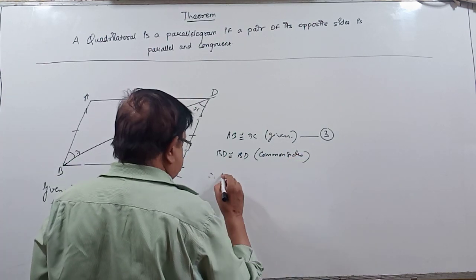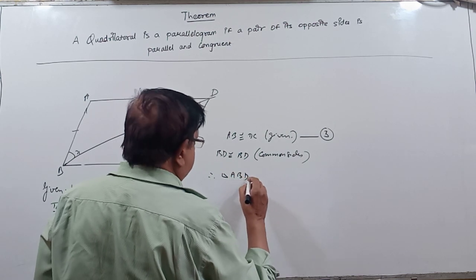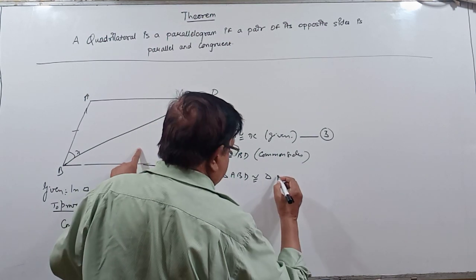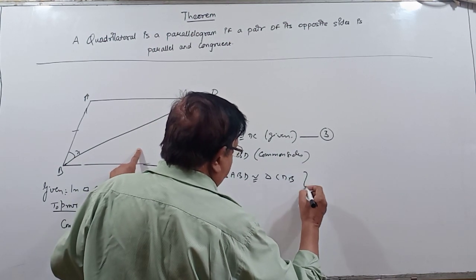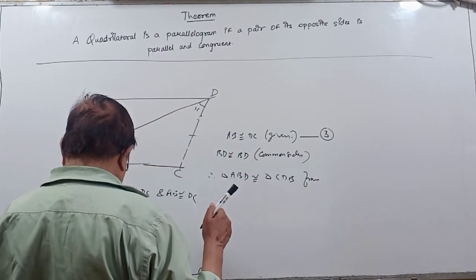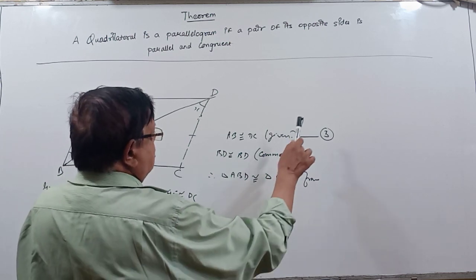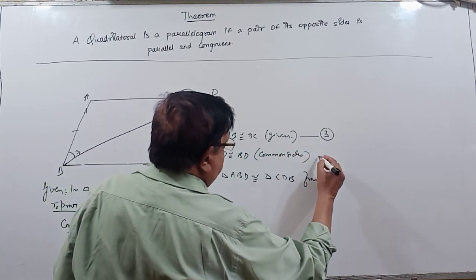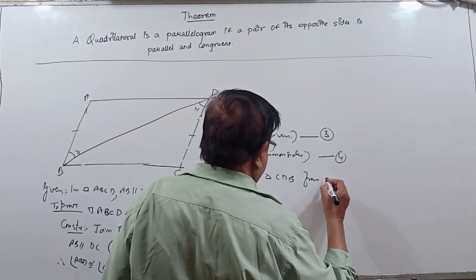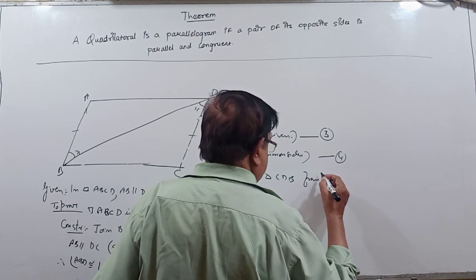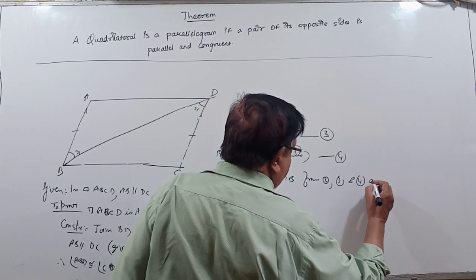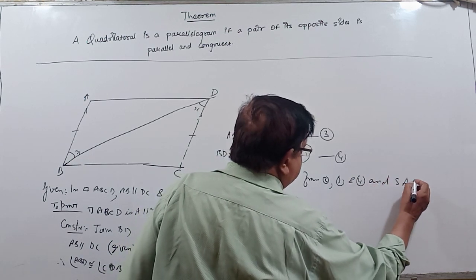Therefore, triangle ABD congruent to triangle CDB. From 2, 3 and 4, and SAS test.